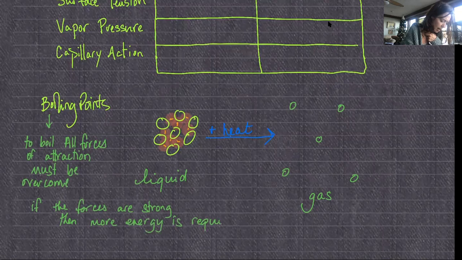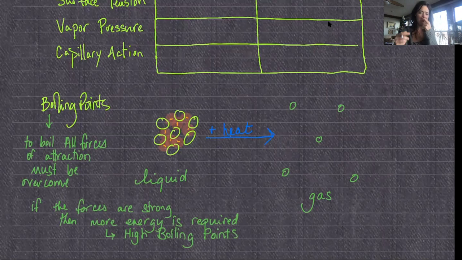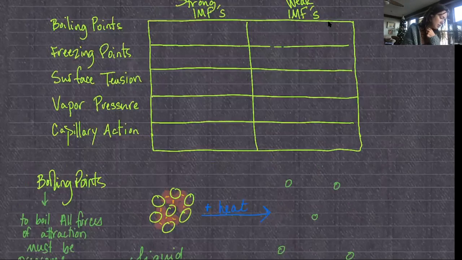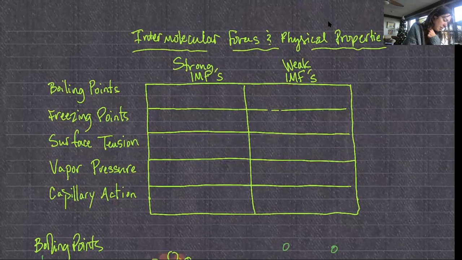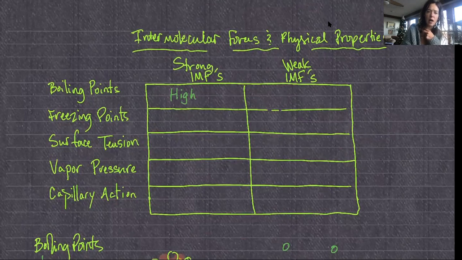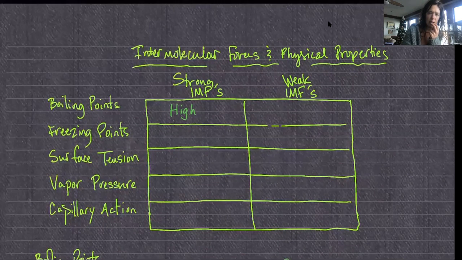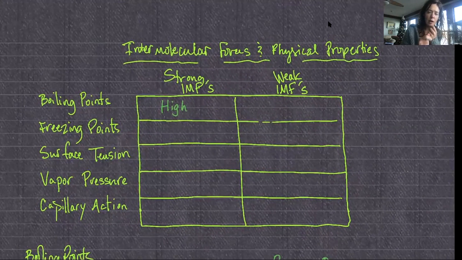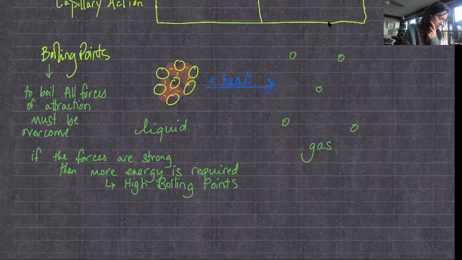And we see that is evident by high boiling points, right? We've got to get this liquid to a higher temperature in order to overcome those intermolecular forces. So if a substance has strong IMFs, then it also has relatively high boiling points. If a substance has weak IMFs, right?